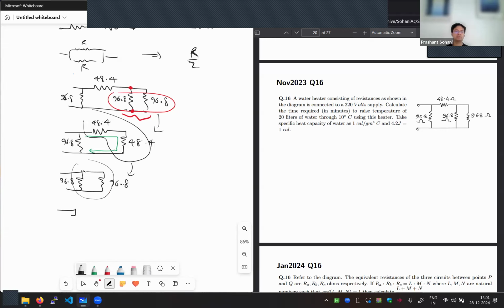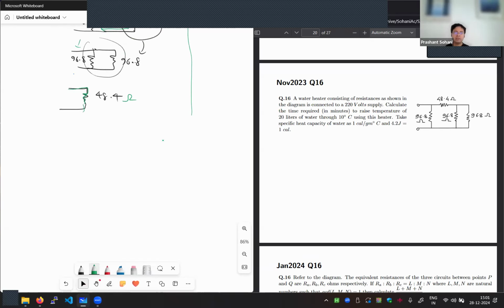So I can combine them into a single resistance of half the value. So you see how initially we started with a complicated circuit of four resistances, but after this series of operations, we are down to just one single resistance, which is the equivalent resistance of the whole circuit, which is 48.4 ohms. Okay, so this was the first part of the question, just converting the circuit down.